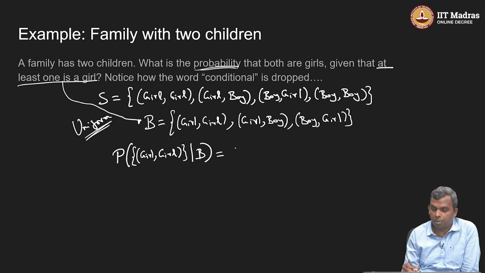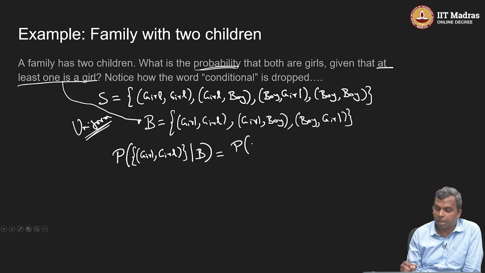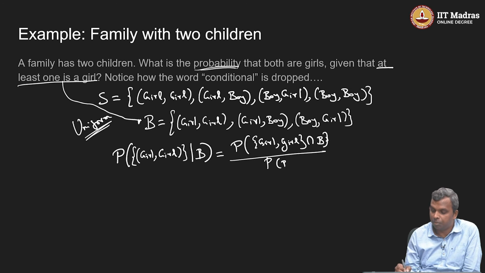This is going to be the probability of girl comma girl intersect with B, divided by the probability of B. Girl comma girl intersect B is girl comma girl itself, right?